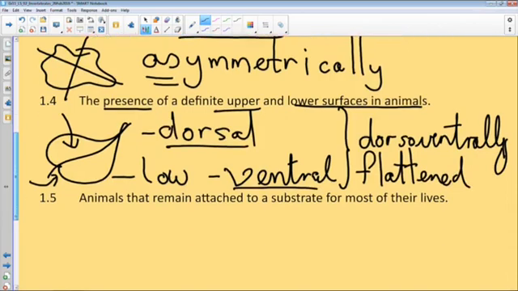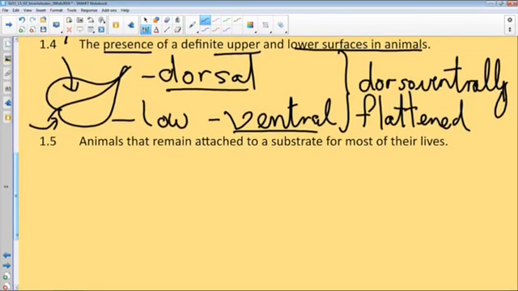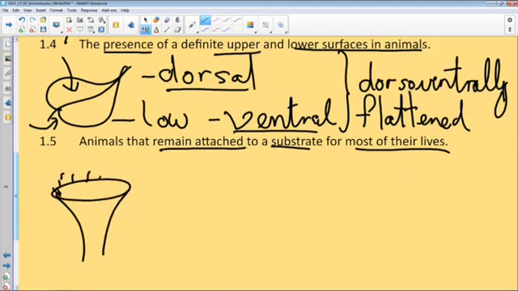So hope you guys have got 4 out of 5 so far. On the last one, let's see. Animals that remained attached to a substrate for most of their lives. And guys, you would have seen an image of the sea anemones that are attached. You guys would have watched Nemo, and here you find an organism that is attached to a definite substratum and does not move for most of its life.